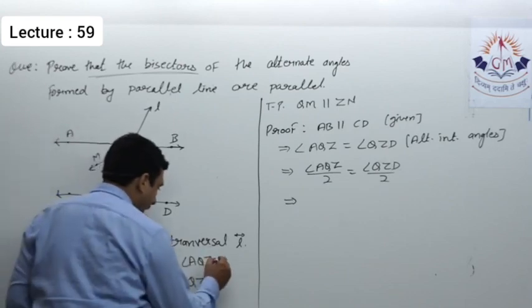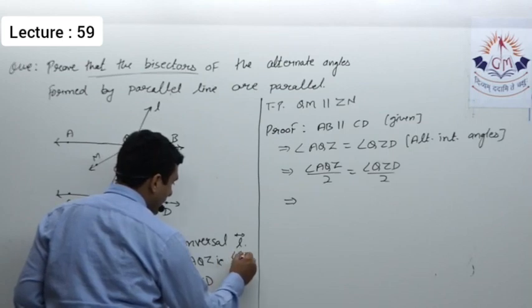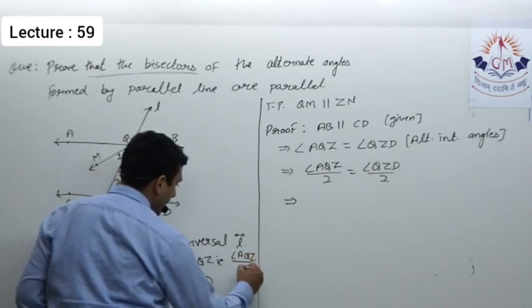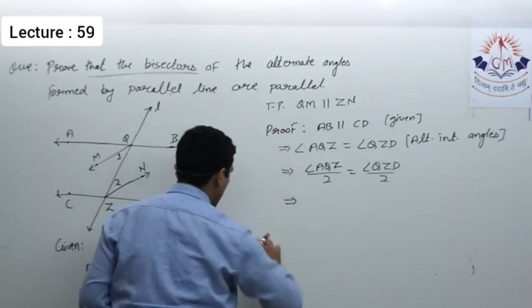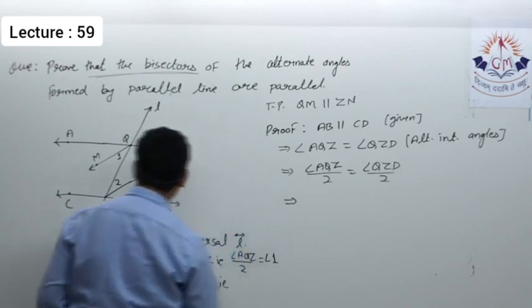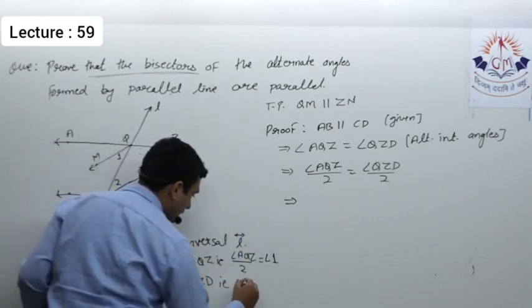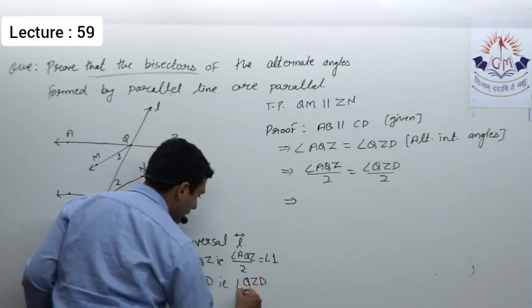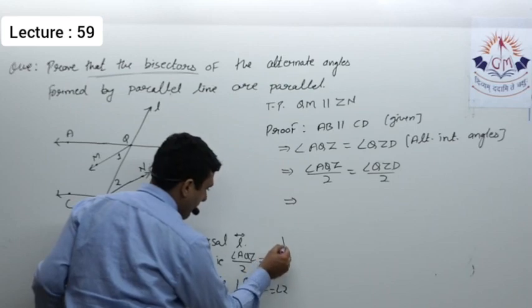So angle AQZ by 2 is equal to angle 1, and therefore angle QZD by 2 is equal to angle 2.